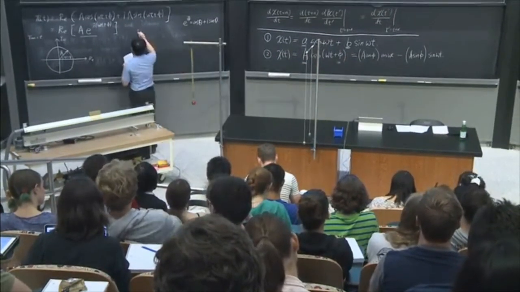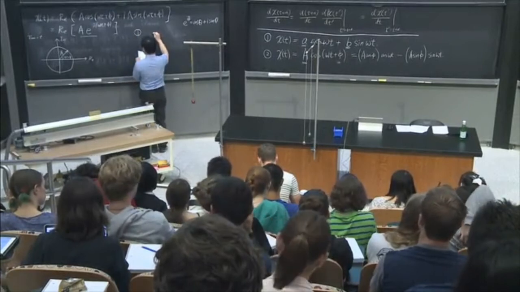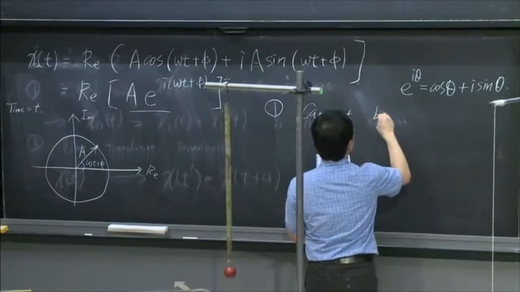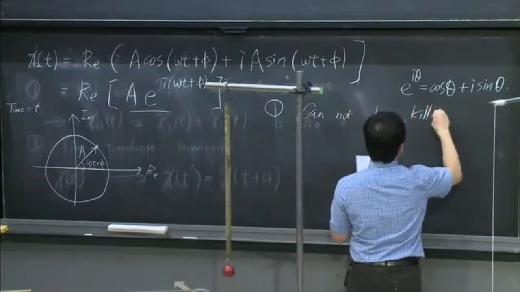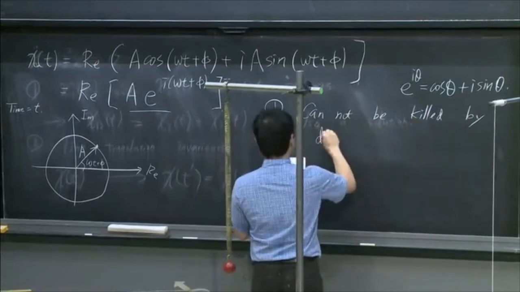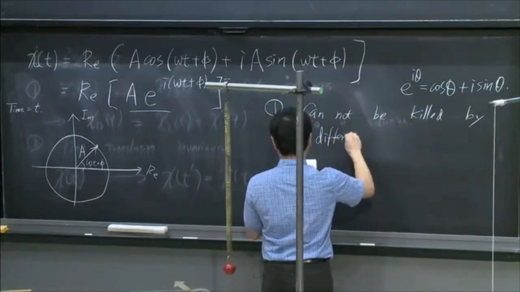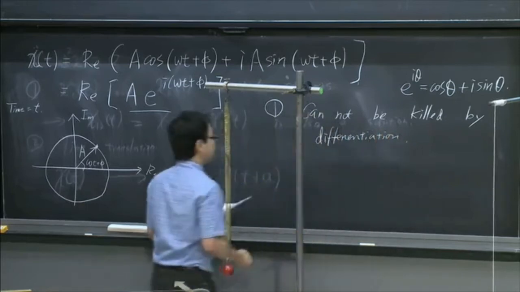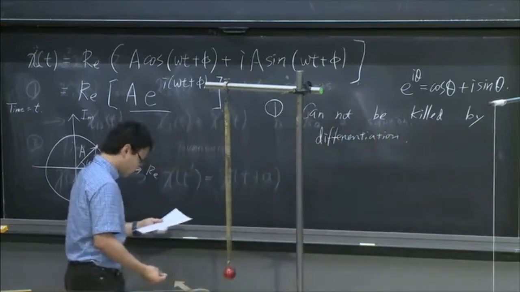So the first property, which is very nice, is that it cannot be killed by differentiation. You will see how useful this is in the following lectures.